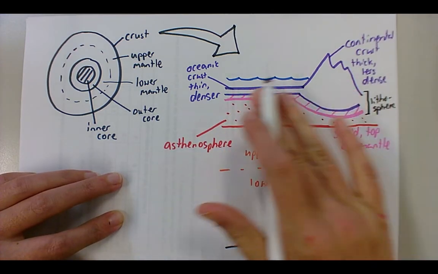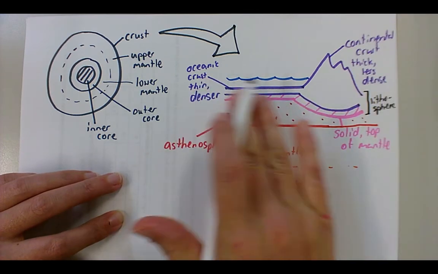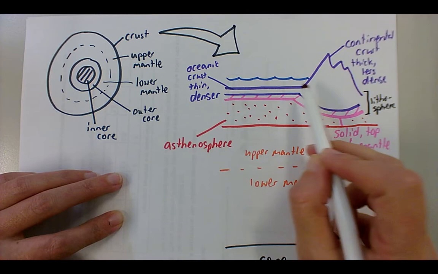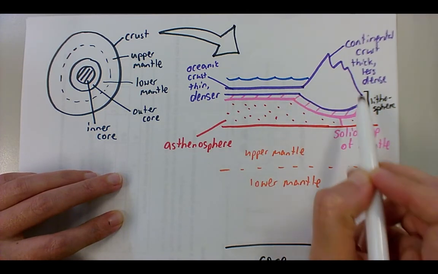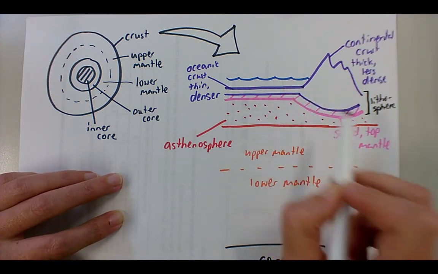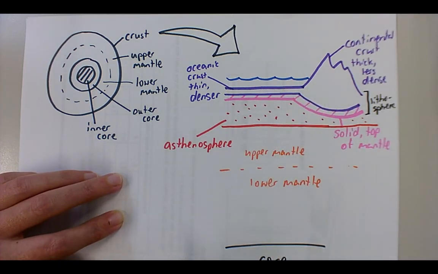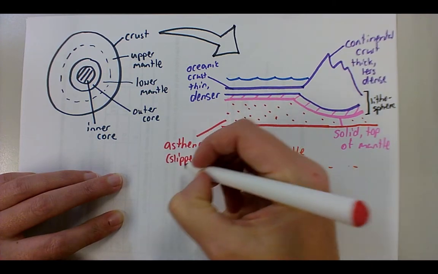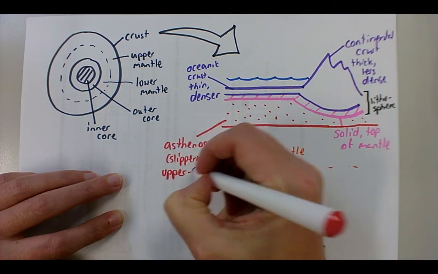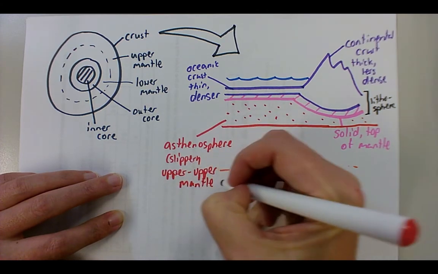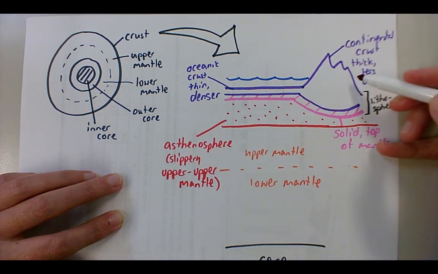Okay, and you can think of it as being like the slippery layer that just sits underneath that solid part that's going to allow the crust to move around. And we've already introduced the idea that continents can move, so obviously there must be something going on in the crust that allows some kind of movement to happen. So that is the slippery upper, I'm going to say upper mantle, sitting underneath our lithosphere there.